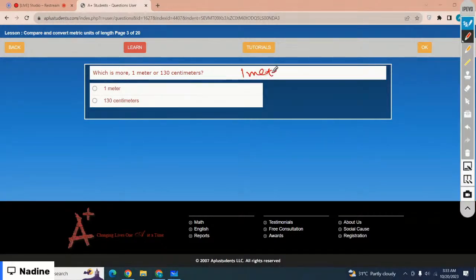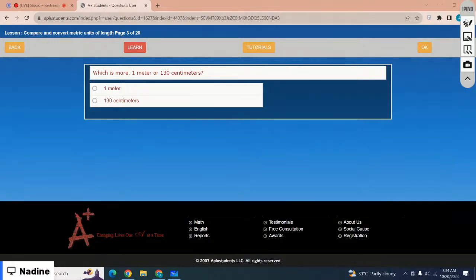So which is more, 1 meter or 130 centimeters? Obviously 130 centimeters is more, because in 1 meter you have just 100 centimeters. 130 is more than 100 centimeters, isn't it?